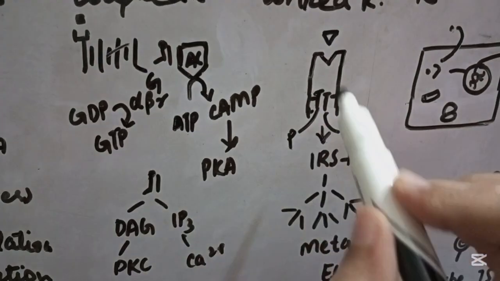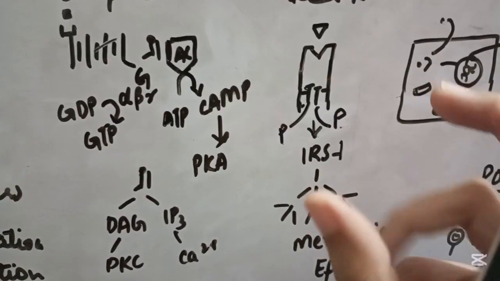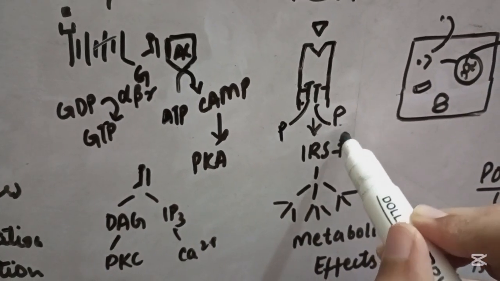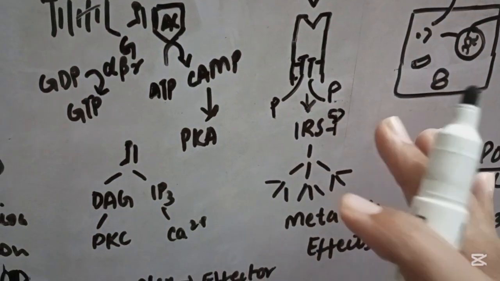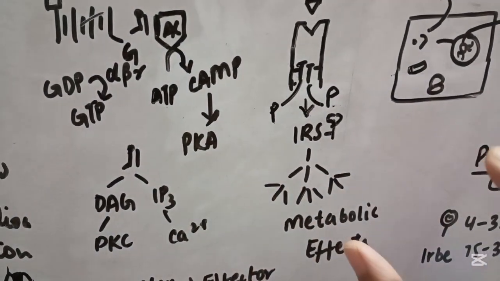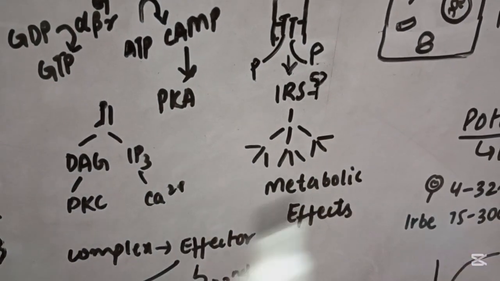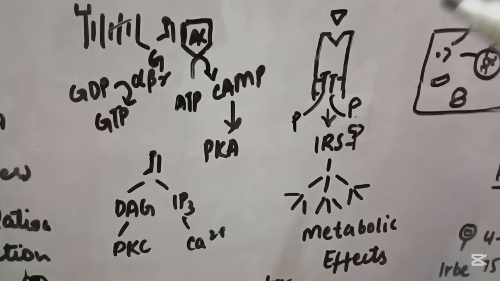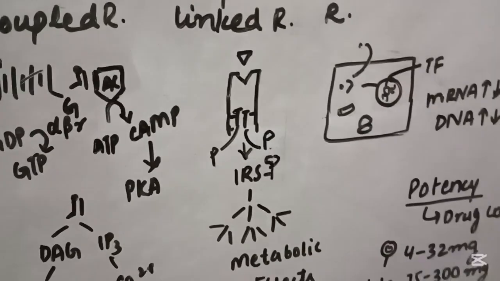So here they are autophosphorylated, and their phosphorylation results in the phosphorylation of many molecules, and as a result, these IRS can also become phosphorylated, and when they become phosphorylated, there is activation of a number of metabolic pathways, and as a result of activation of those pathways, many metabolic effects actually occur. So with the binding of the drug with a receptor, change occurs in the system.